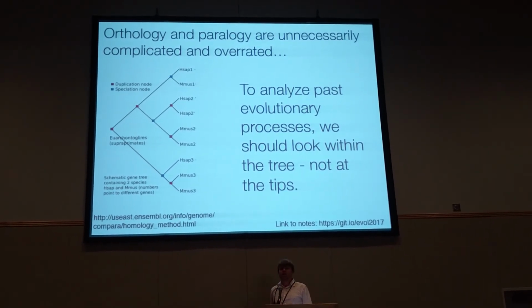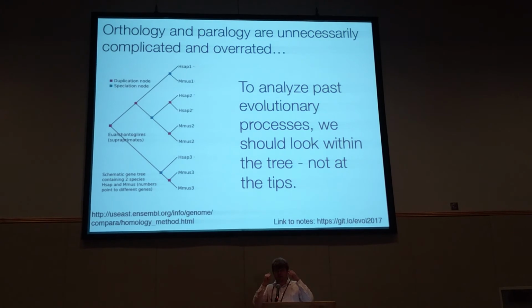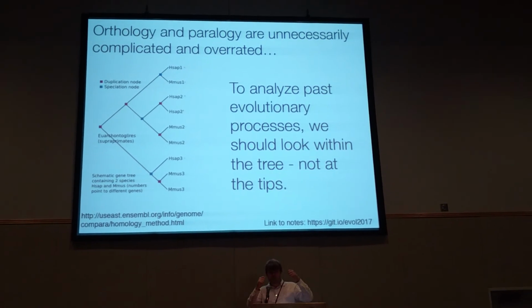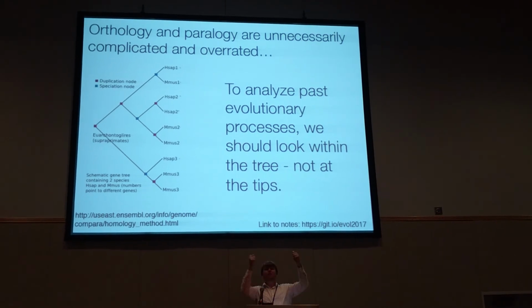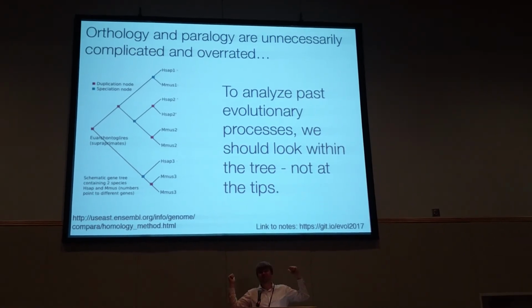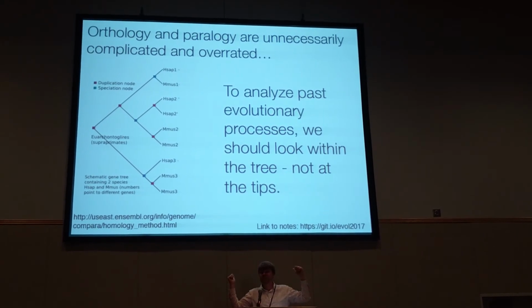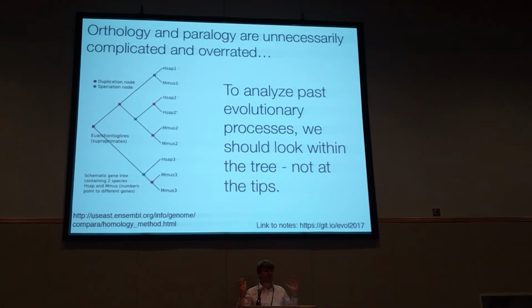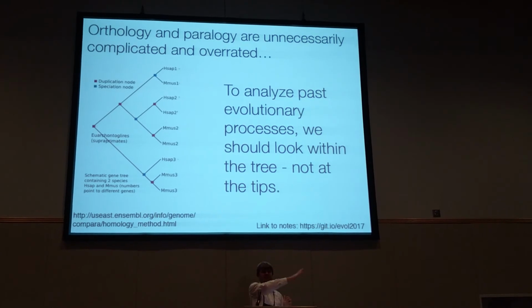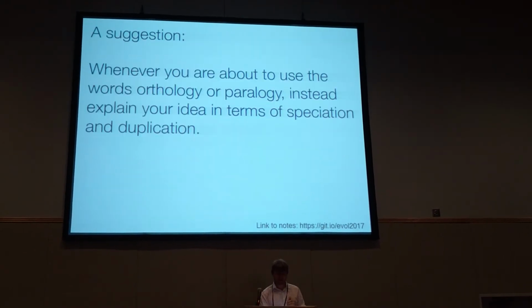We often know the duplication and speciation history, we tell someone whether they're orthologs or paralogs, and then they have to back it out to whether there have been duplication or speciation events. So let's just talk about duplication and speciation and forget about moving the annotations to the tips of the trees and then back into the deep tree.